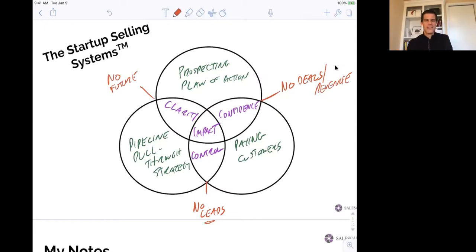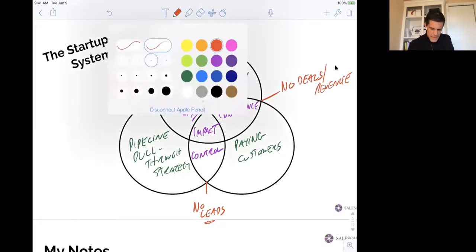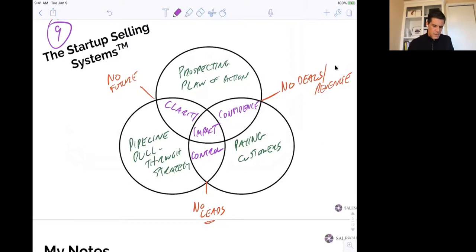There's only so much runway that we have. So we need a prospecting plan of action so we have leads coming in. We need a pipeline pull-through strategy so that we have deals and revenue getting generated. And we need our paying customers so that we can continue to move forward and have a future with our company, okay? So we said that there are 9 systems, 9 selling systems.